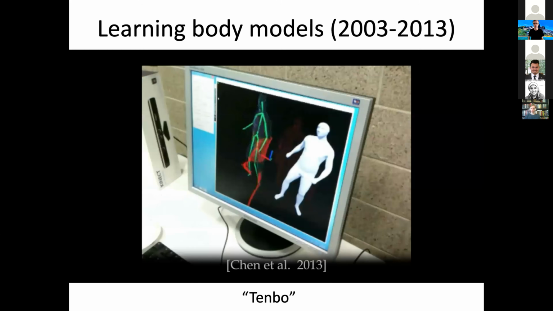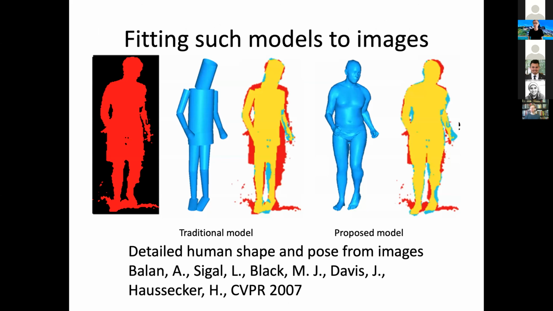So an example of fitting to data was this. We had here a silhouette, for example, and we wanted to fit the model to it. So that means we should be able to differentiate the model with respect to the image. We should be able to optimize easily the pose and shape of the model to fit image observations.